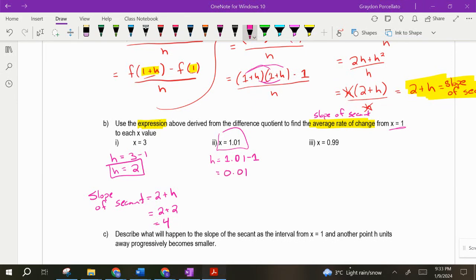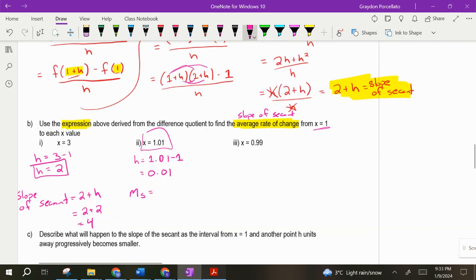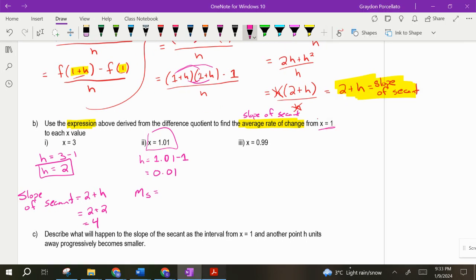So I'm just going to find my slope. Remember the letter m represents slope. So slope of secant we're going to write as m_s. It is going to be 2 plus 0.01, which is just 2.01. So our slope of our secant between those 2 points is 2.01.